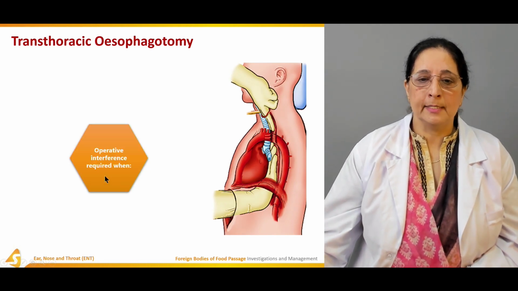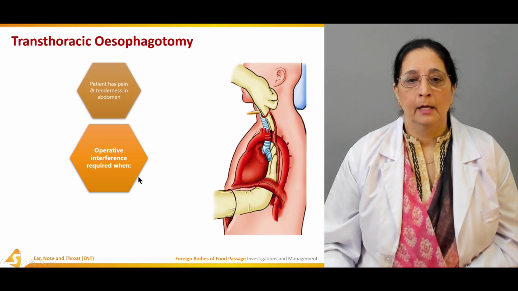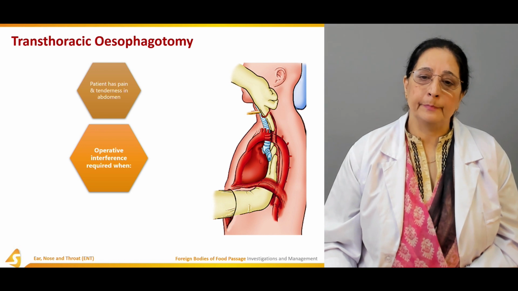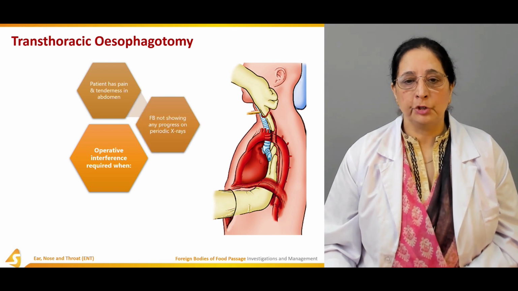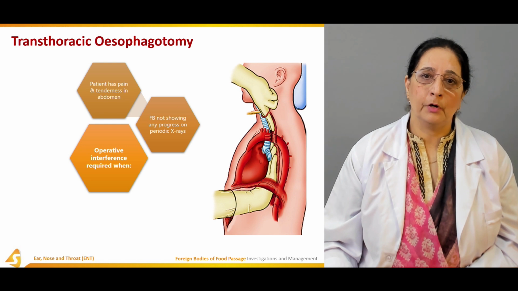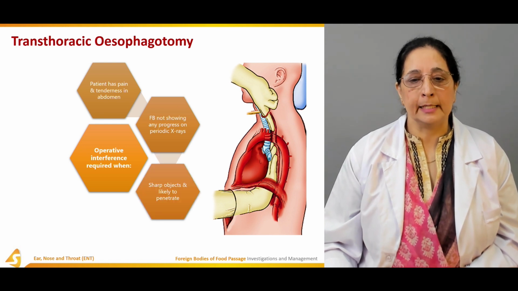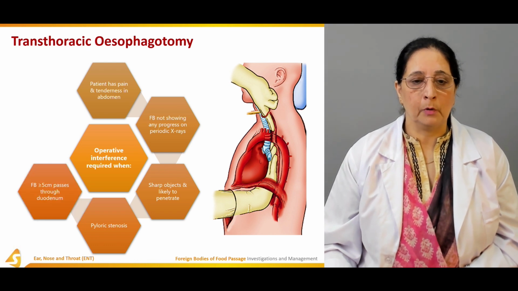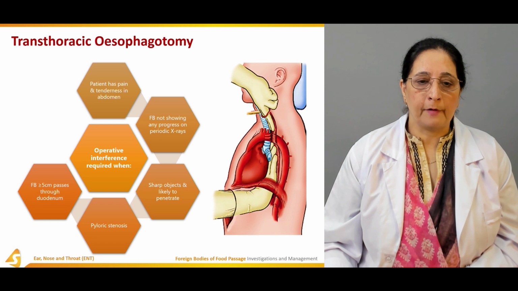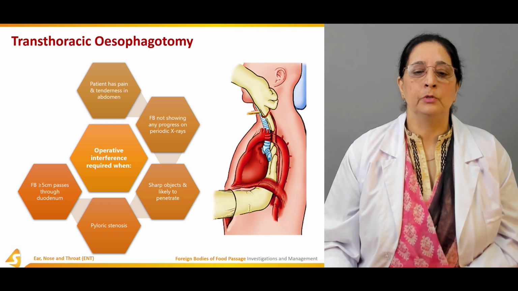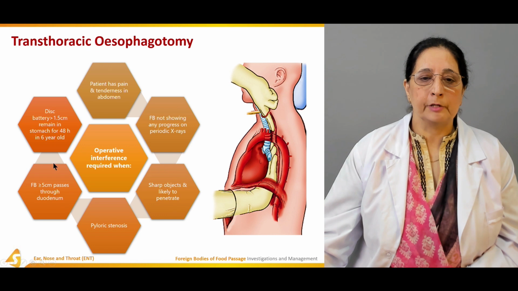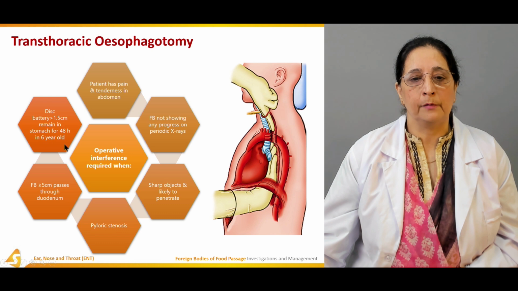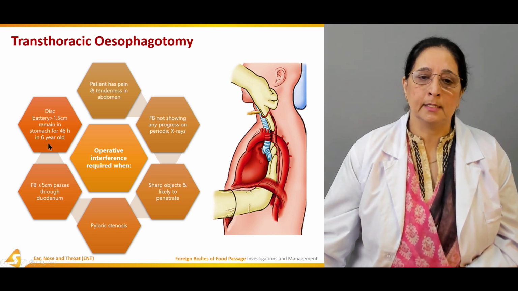Operative interference is required when the patient has pain and tenderness in the abdomen, the foreign body is not showing any progress on periodic x-ray, the sharp object is likely to penetrate, there is pyloric stenosis, the foreign body is more than 5 centimeters, it passes through the duodenum, a disc battery is more than 1.5 centimeters, or it remains in the stomach for 48 hours in a 6-year-old.